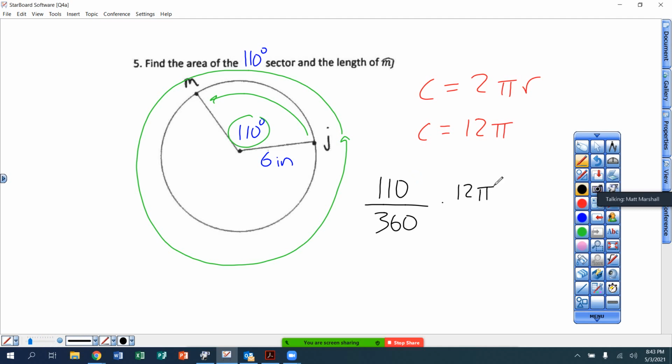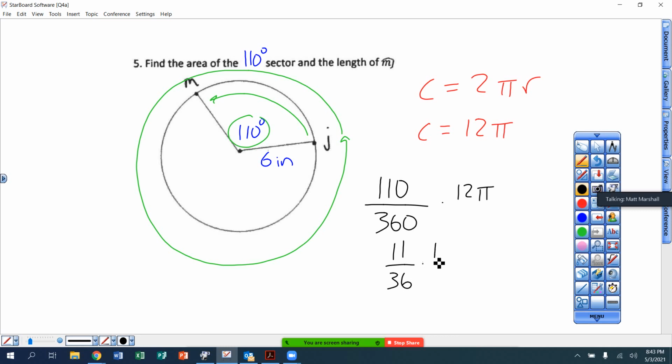And I don't know if you have a calculator that reduces fractions quickly. My calculator, when I type in 110 and hit the ABC button and then 360 and hit equal, automatically reduces it down as far as it goes. You might want to invest in a Texas Instruments TI-30X.